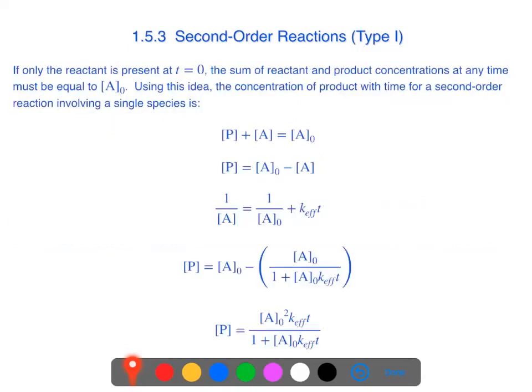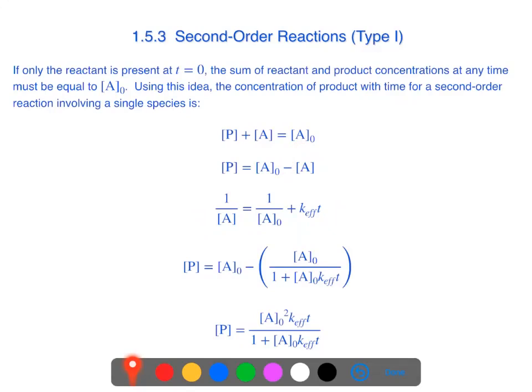Now, like we've seen previously, we can also solve for the product concentration if we carry out this mass balance expression, if you will. So the assumption is always that if we have only the reactant present at t equals 0, then the sum of the reactant and product concentrations must equal the initial concentration of A. And so again, we rearrange for the product concentration, and we can substitute in for the concentration of A with the integrated rate law.